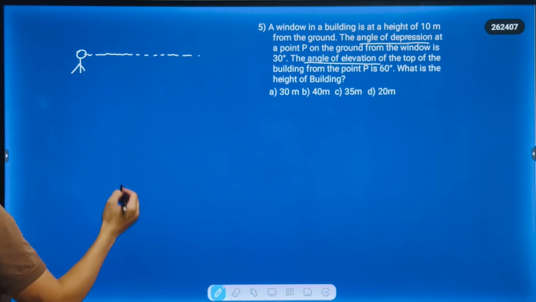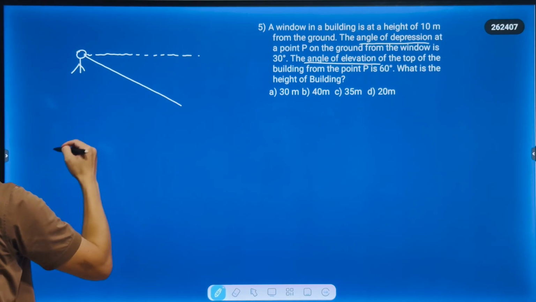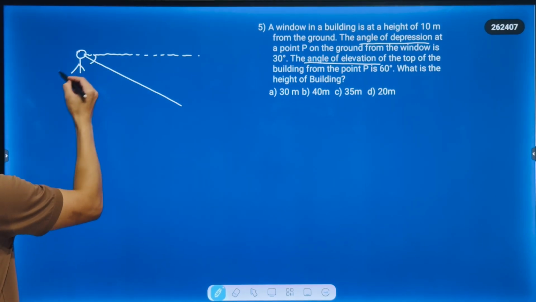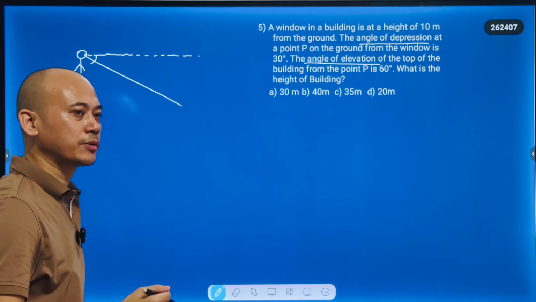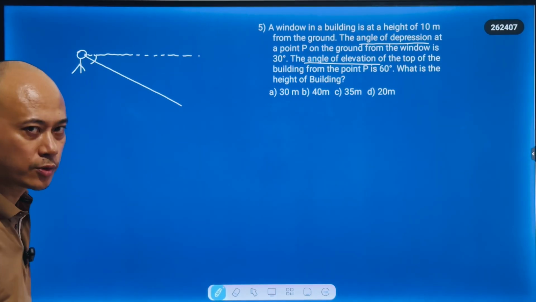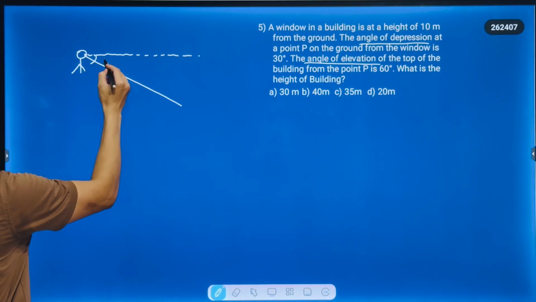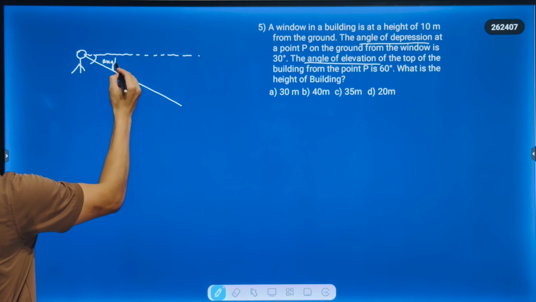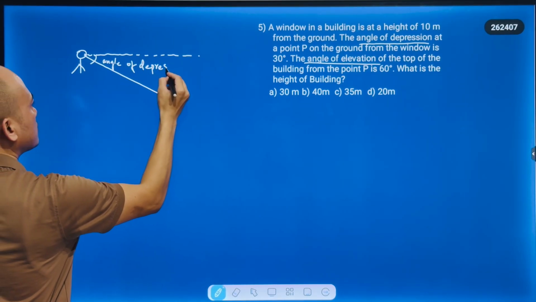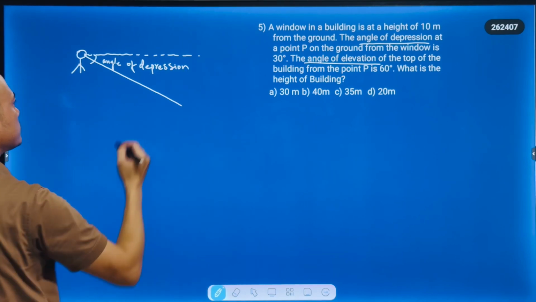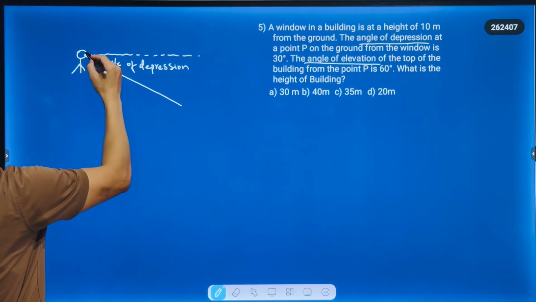Now we compare with respect to the straight line. If he is looking downwards, an angle forms here. Since he looks downwards, compared with depression, which means something going downwards, this will be the angle of depression. So this is the angle of depression.